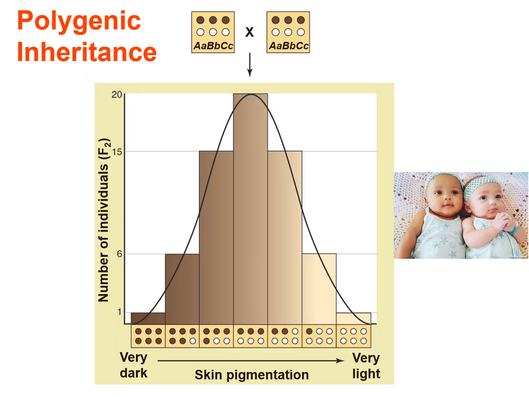Okay, so this is from that Punnett square, the probabilities, the number of offspring we would get with those two parents. And so you can see most of the offspring would be the same skin tone as the parents, but it is possible to get a very light or a very dark offspring.